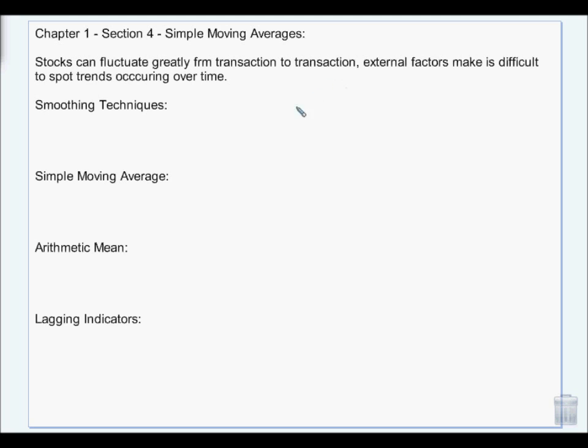There's a lot of information, and so when that happens, they use something called smoothing techniques or simple moving averages. Well, the smoothing technique basically reduces the impact of price fluctuations.